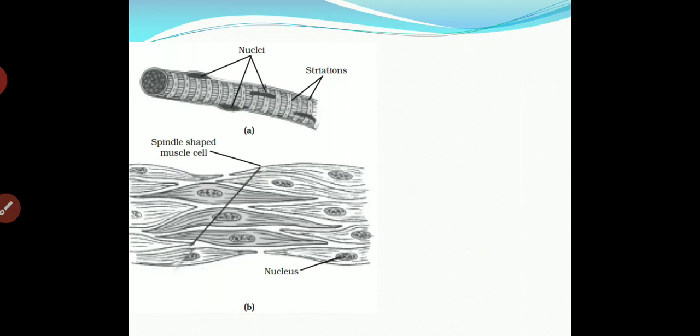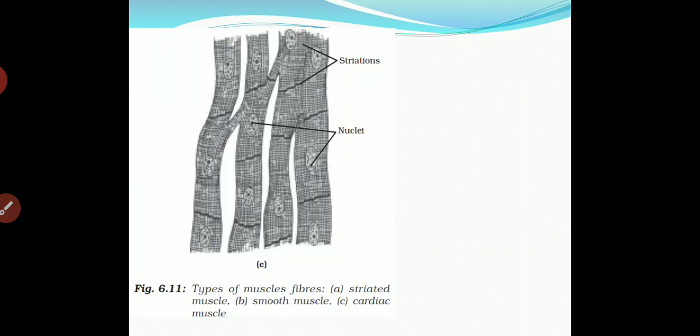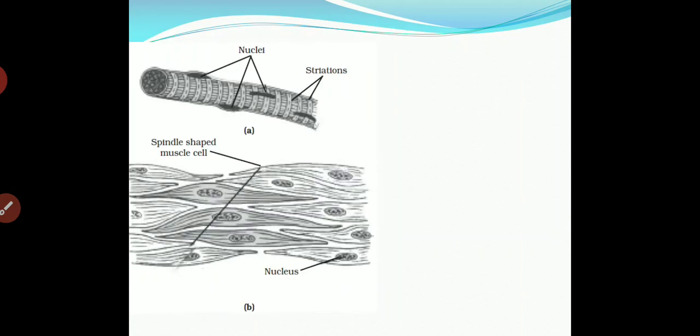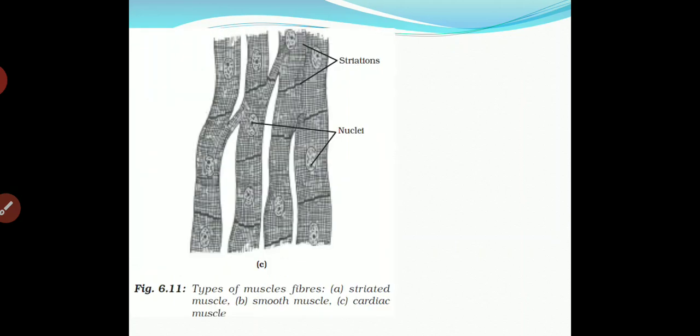In B, spindle shaped muscle cells are present as well as a nucleus, which we call smooth muscle. In the same way, in the third, C, cardiac muscle, you can see there is a presence of striations as well as nuclei in the tissue.